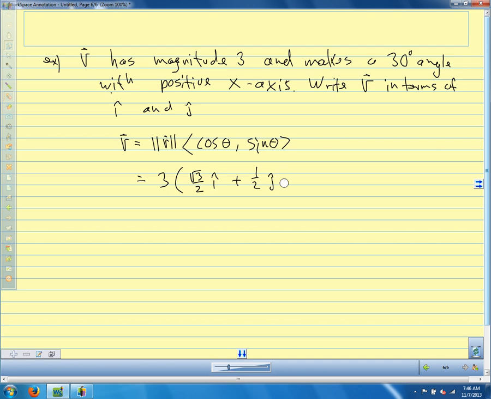So there's our vector. If we distribute here, we can say this is 3 square root 3 over 2 i hat plus 3/2 j hat. So pretty easy so far.